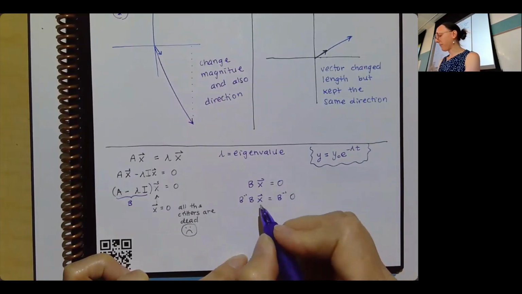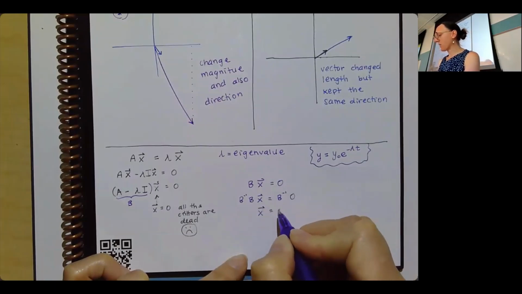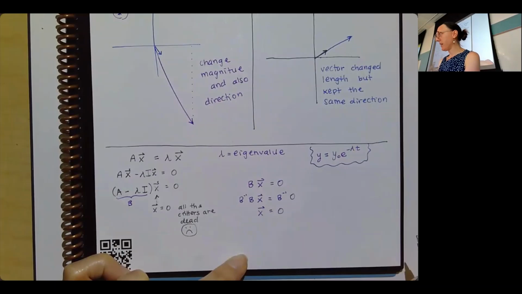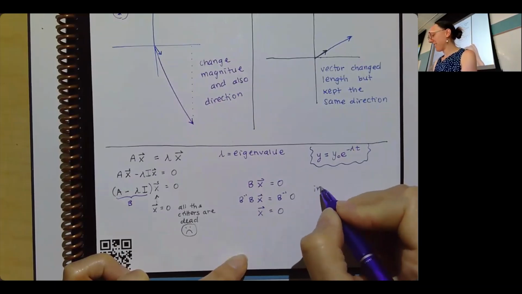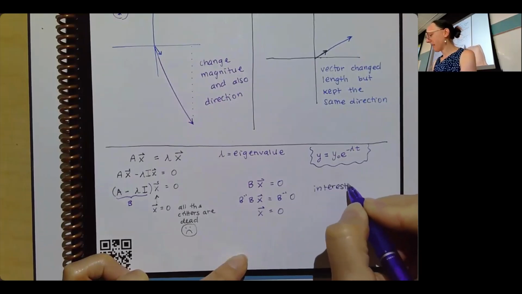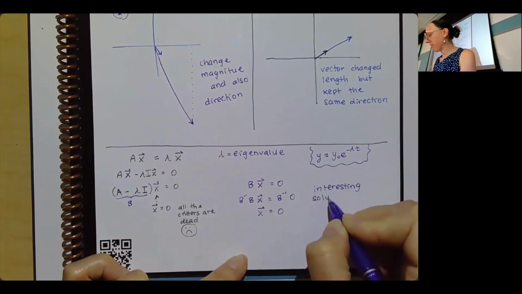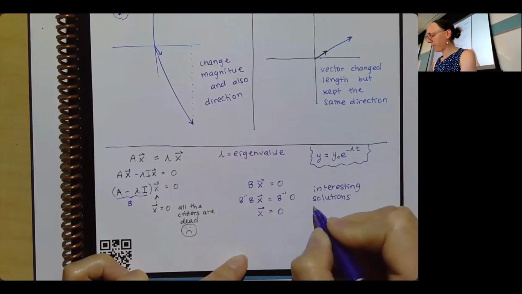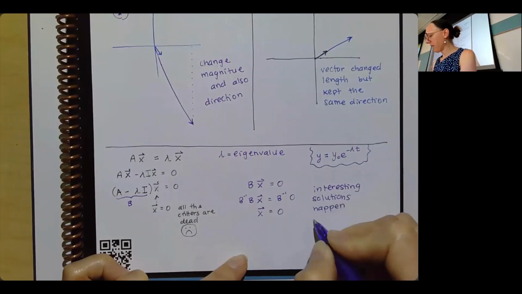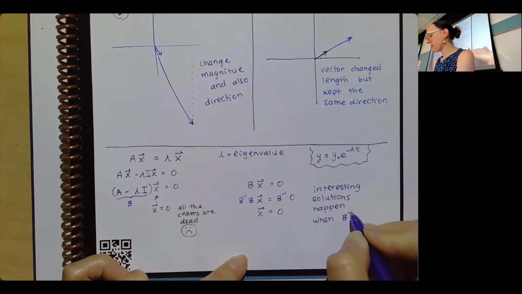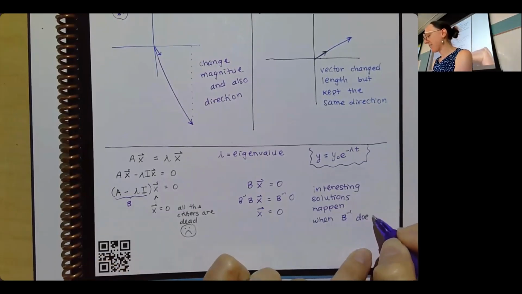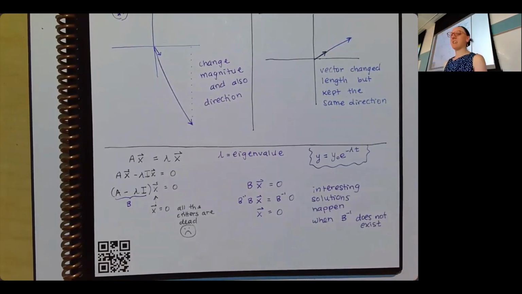But again, this just tells me X equals 0. So my interesting solutions happen when B inverse does not exist. And the way to guarantee that B inverse does not exist is to force the determinant to be equal to 0.